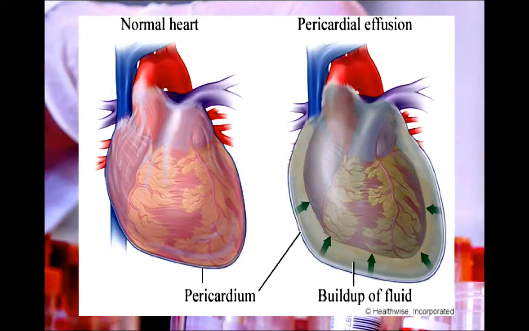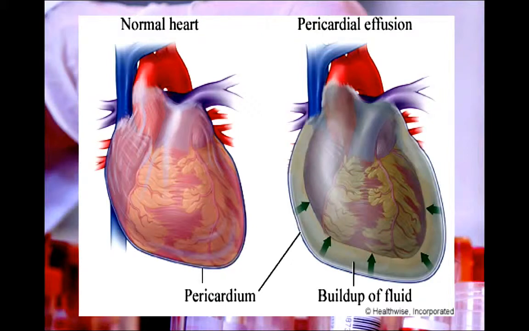Now, as a clinical tip, as I told you before, in the pericardial space you have fluid, right? That fluid can increase, and it can increase in a variety of situations. For example, if it gets inflamed, if it gets infected. There are specific bacteria that affect the pericardium, and as the pericardium becomes inflamed, you're going to have a buildup of fluid in the pericardial space.